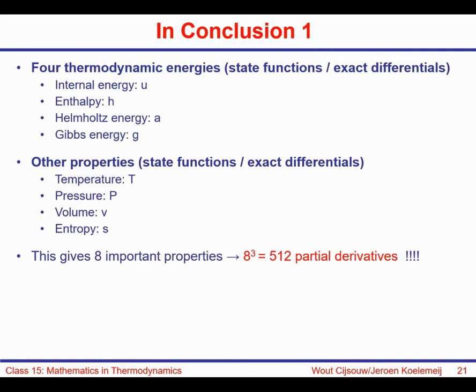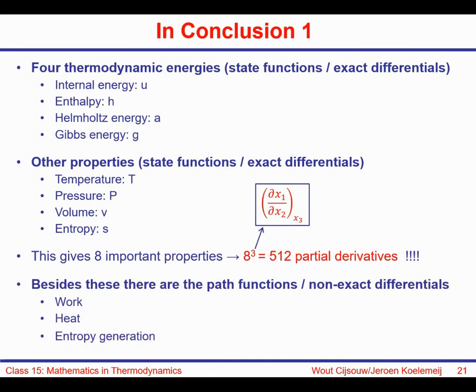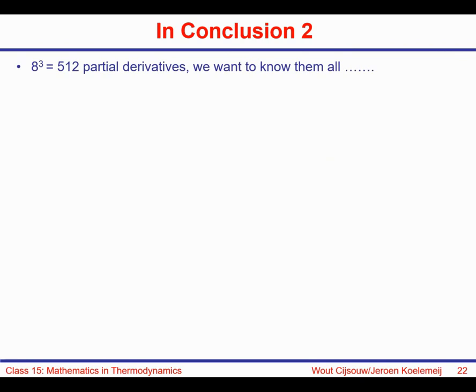Well, in fact, we can make 8 to the third different partial derivatives, and this exponent of 3 follows from the fact that each partial derivative contains 3 different variables. So we have 512 partial derivatives that we can try to compute. And then in addition to that, we have the path functions, the non-exact differentials, things derived from work, heat, and entropy generation. So, okay, there are 512 partial derivatives that we can form.